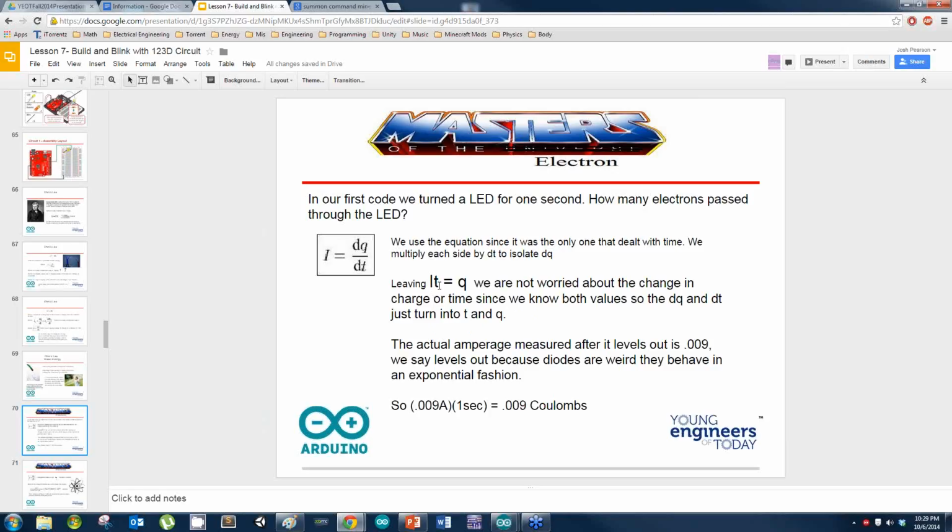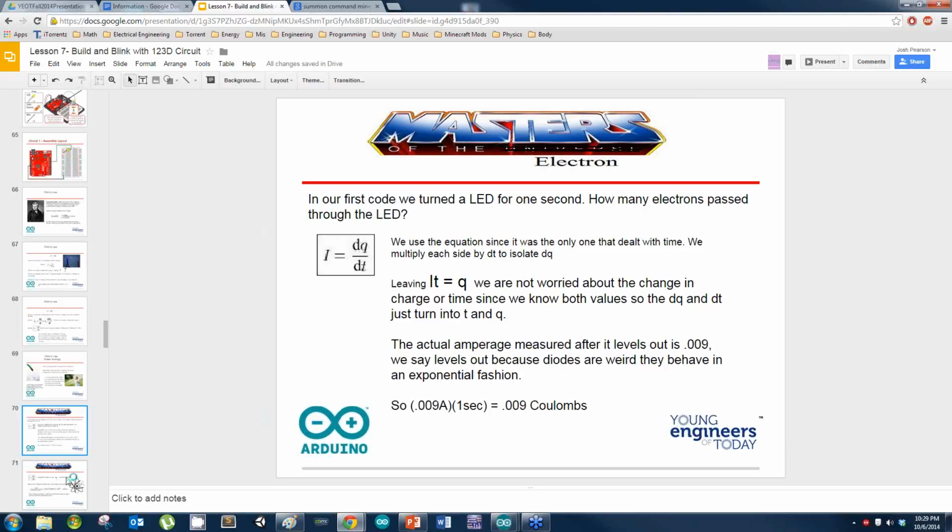With simple algebraic manipulation, I multiply both sides by dt, leaving me with I, amperage, times time equals Q. It's on for 1 second and the amperage is 0.009, so I have 0.009 coulombs, which is what Q is measured in.